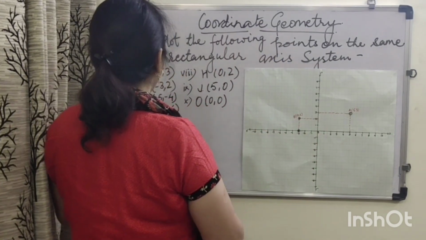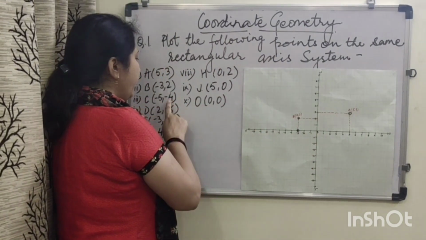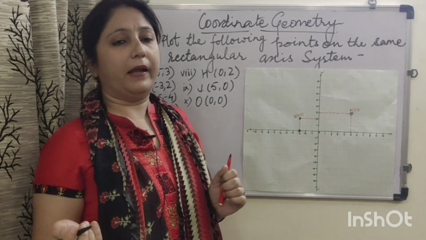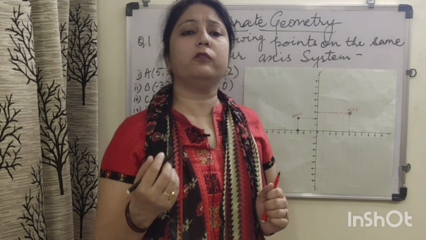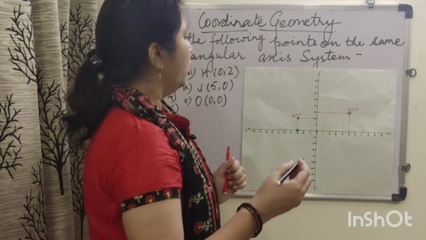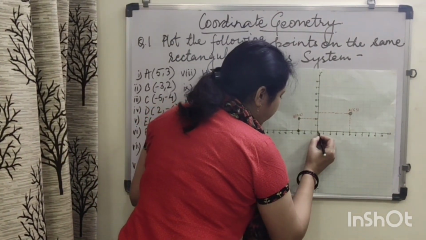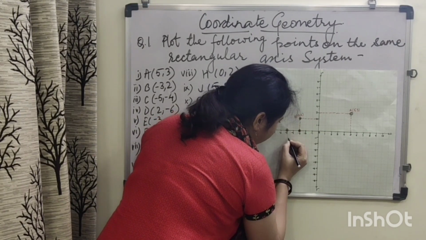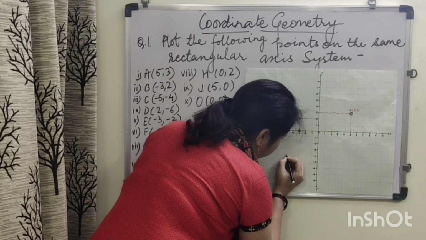The next point is (-5, -4). So both the values are negative. X is negative, y is also negative. So first we move for the x value, that is -5 over here. From -5 only you start moving towards -4.